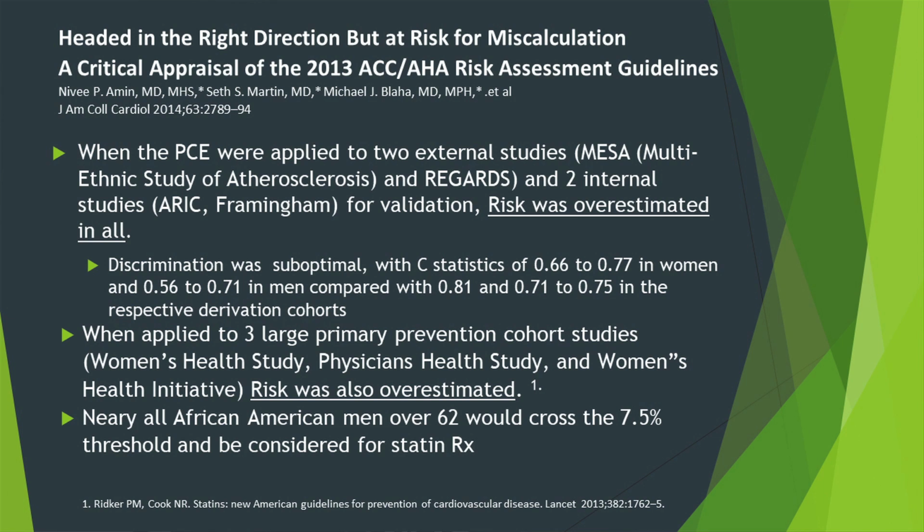And when applied to 3 large primary prevention cohort studies, the Women's Health Study, Physicians' Health Study, Women's Health Initiative, risk was also overestimated in all of them. And when they looked at these models, nearly all African American men over the age of 62 would cross the 7.5% threshold and be considered high risk.